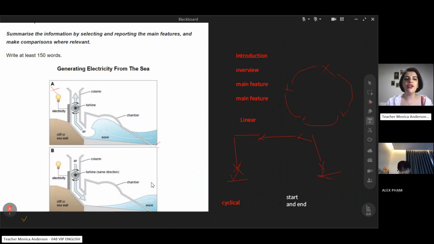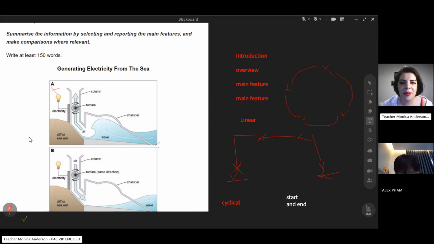So first of all, now let's talk about this one, Alex. This graphic actually doesn't contain very much detail. It's easy. So how many stages are there?